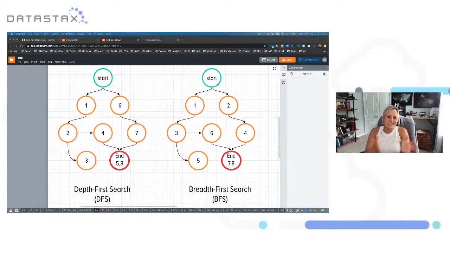In this example, we got to the end goal on the 5th step using depth first search, and for the first time on the 7th step using breadth first search. But looking at the complexity of these approaches on average for large graphs, it's going to take the same amount of time. So when you're starting at one place and employing one of these strategies, there's not a benefit to choosing breadth first or depth first in this brute force manner.